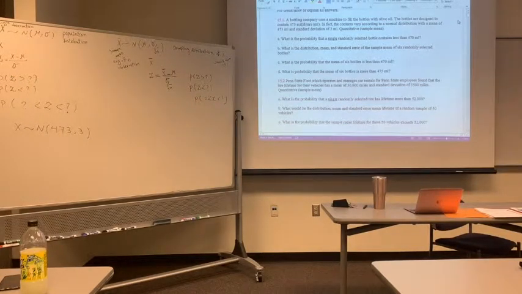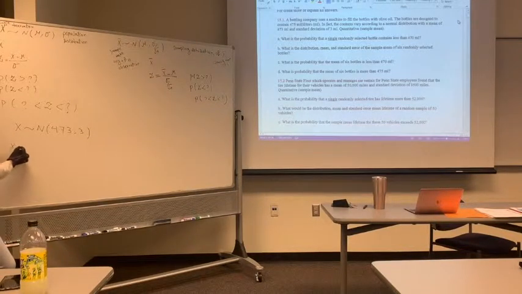Then they are asking, what is the probability that a single randomly selected bottle, so we are looking at one single observation, contains less than 470?